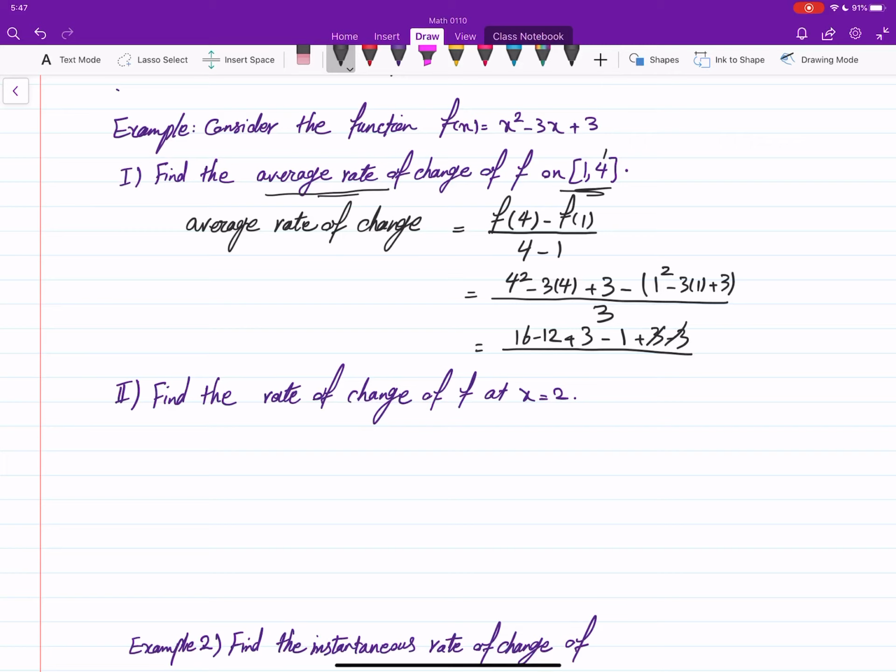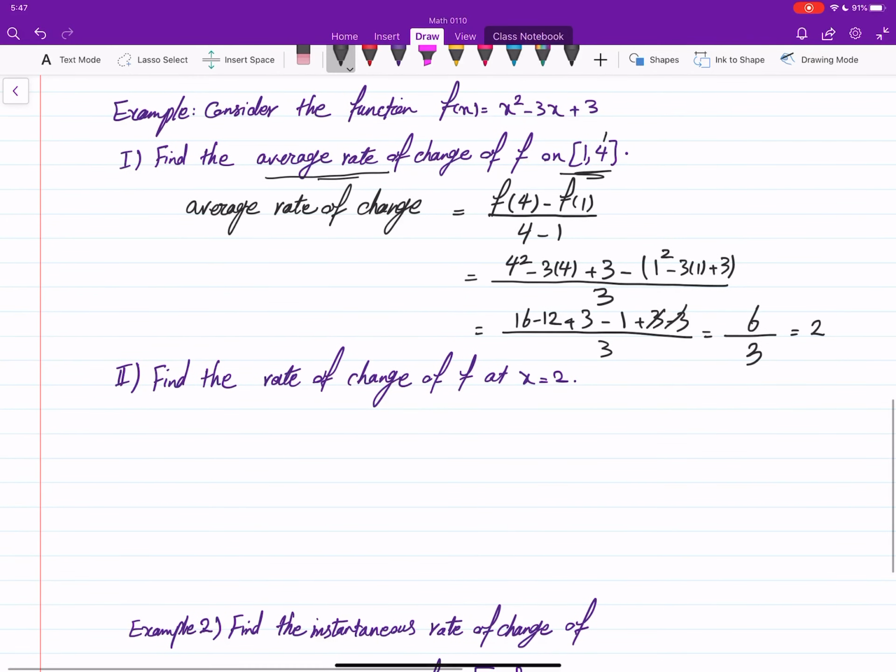These cancel and we get 4 plus 3, 7, minus 1 is 6, over 3, which is 2. And yeah, that's what we have.